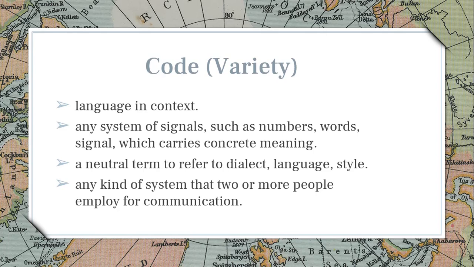It is any system of signal you can call code, and even your accent, your dialect, the way you pronounce something is considered a code. If it is your personal style of language use, it means that you have a personal code. So a code can include the way you pronounce one single word.